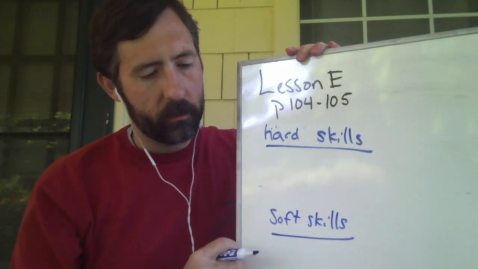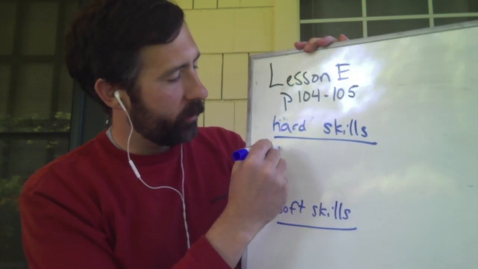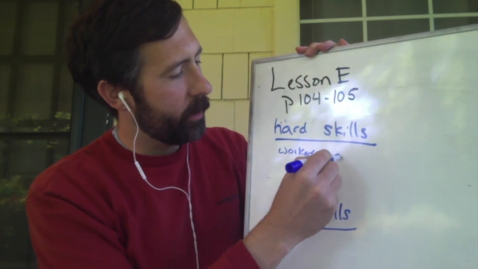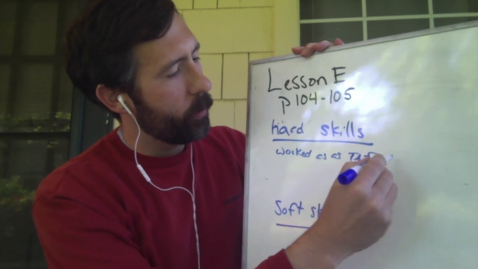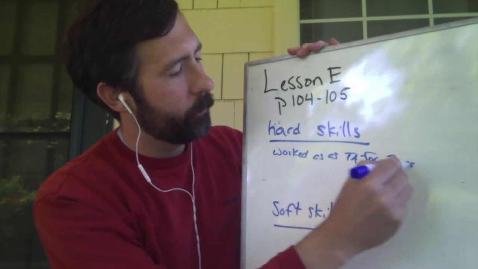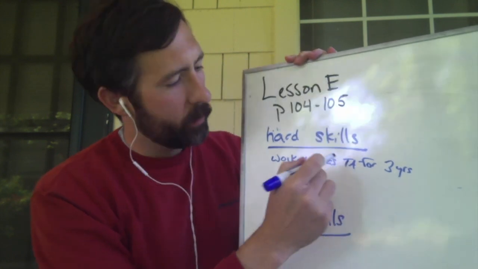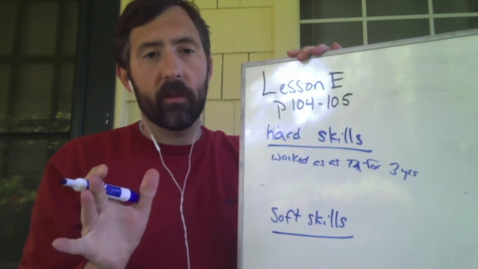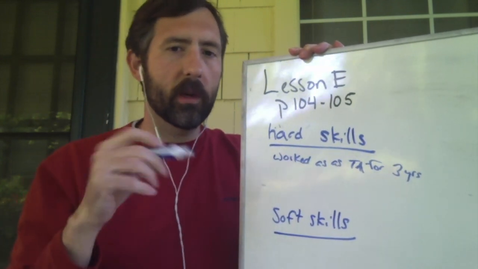So, hard skills. What are Esther Yabarek's hard skills? So, she's worked as, I'm going to put TA for 3 years. TA is abbreviation for teacher's assistant. She has this. This is a hard skill. Right? You can measure this.